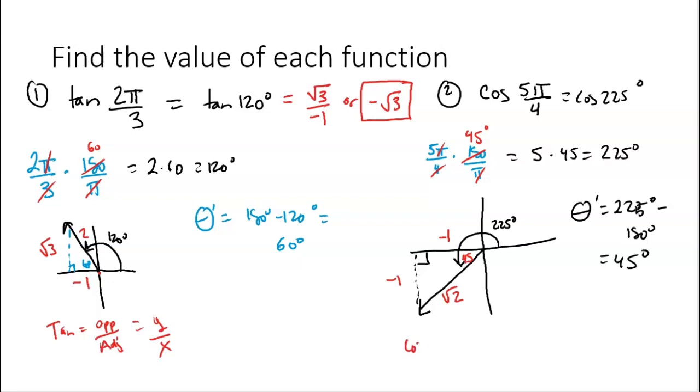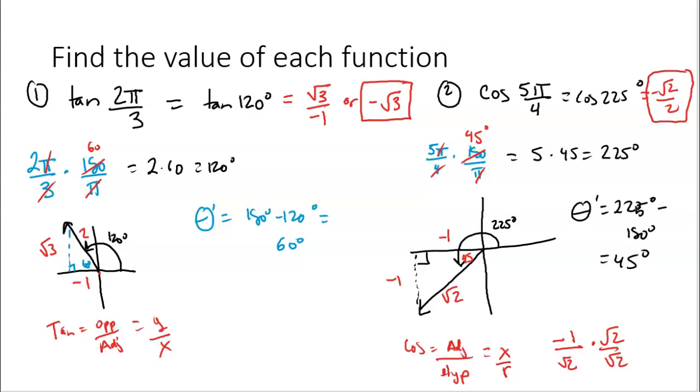Cosine is either adjacent over hypotenuse, or I can say x over r. Either one is perfectly fine. So luckily for us, our x and our y are exactly the same. So negative 1 over root 2. I will rationalize top and bottom. So I will get a grand total of negative root 2 over 2 as my answer.